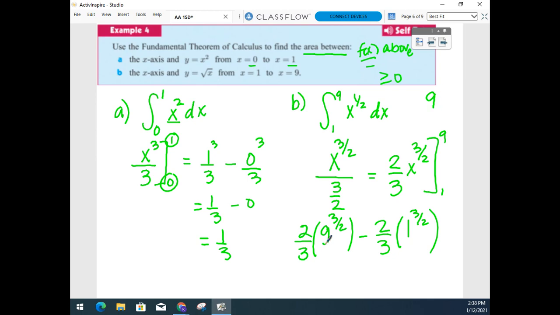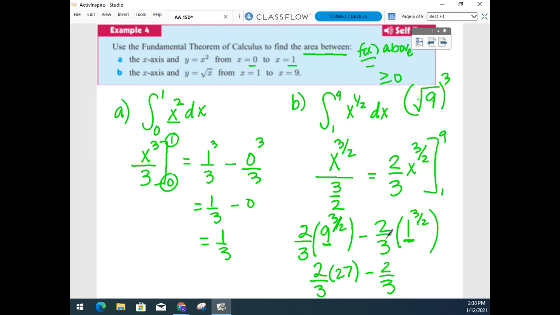We keep the base of 9 the same, take that 1/2 power, convert it back to a square root, and raise that to the third. So the square root of 9 is 3. 3 to the third is 27. And 1 to any power is just 1.